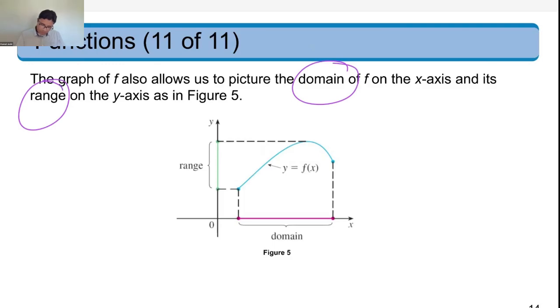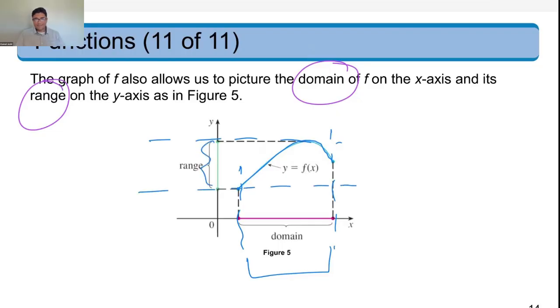How? Suppose I have this graph of a function, this part. I can look at all the x values and find that here, that's the domain. Then I can look at all the y values that it takes and find that, and that's my range. So by looking at the graph, I can identify the domain and range.